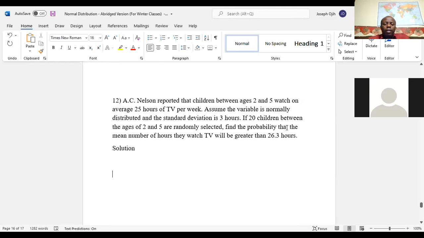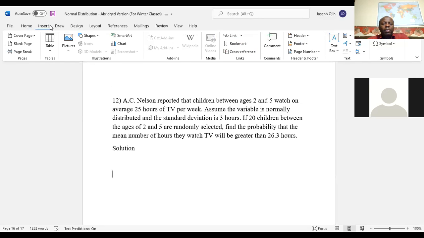Nielsen reported that children between the ages of 2 and 5 watch on average 25 hours of TV per week. So our mean is 25 hours of TV. They say to assume the variable is normally distributed and the standard deviation is 3.